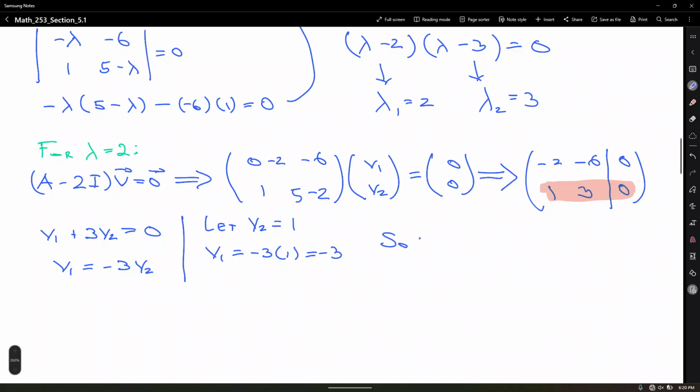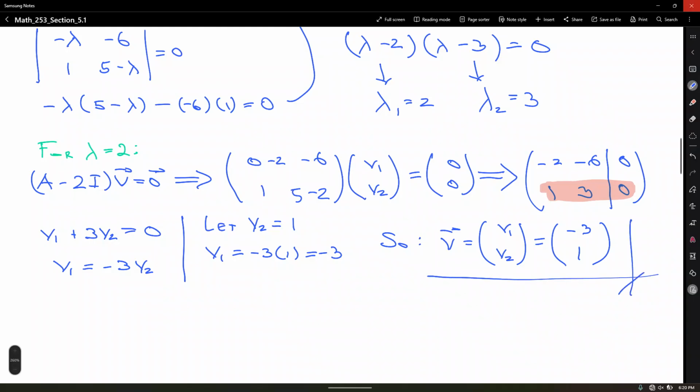So the eigenvector v with entries v1, v2 has components negative 3 and 1. For the eigenvalue lambda equals 2, we have the corresponding eigenvector negative 3, comma 1.